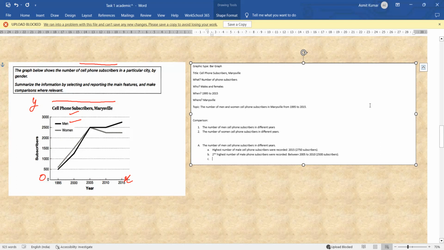Before that, any other important data which we can see here? What is that? In a span of only 5 years, here you can see 1995 to 2000, we can see here the number of male phone subscribers increased from 500 to 2000.